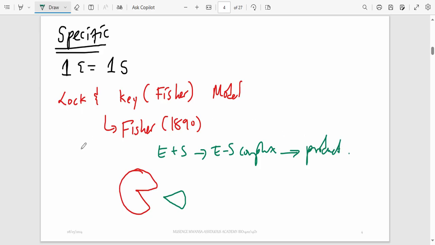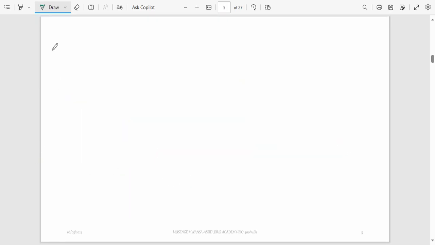Now, another scientist came up and said that actually the enzyme doesn't have a fully complementary shape to that of the substrate. So what did he say? He said that enzymes will actually change their shape a bit so that they can accommodate the substrate.